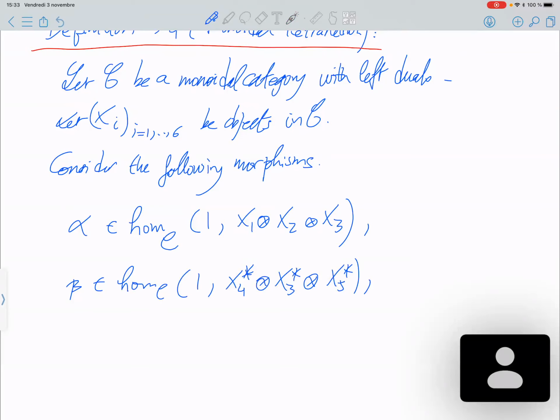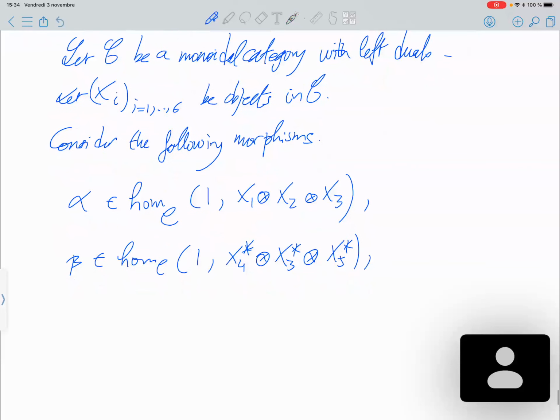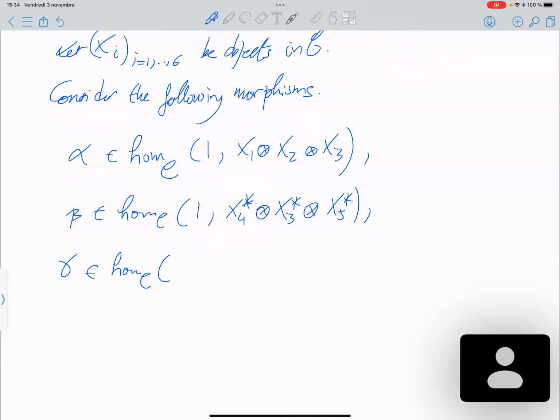Then alpha, beta, gamma, delta. Gamma in the hom set of morphisms between the unit and x5 tensor x2 star tensor x6 star.